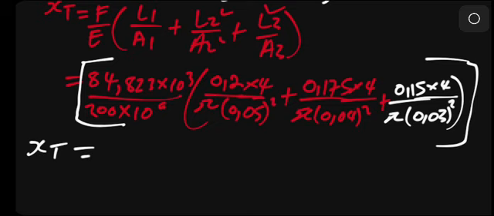Okay. Multiply this into what? 0.2 times 4 over pi, multiply by 0.05 squared, plus 0.175 times 4 over pi into 0.04 squared, plus 0.15 times 4, divide this by pi, multiply this by 0.03 squared.